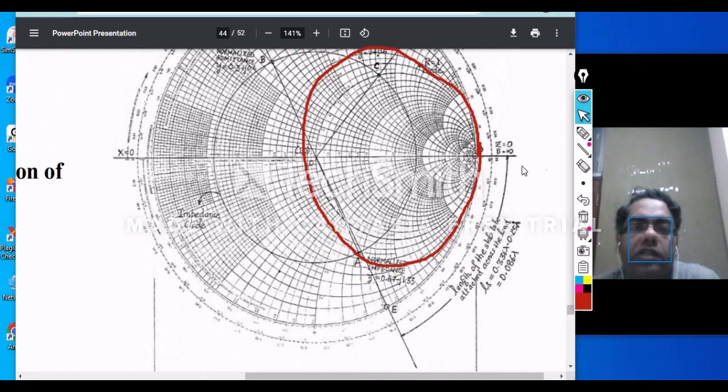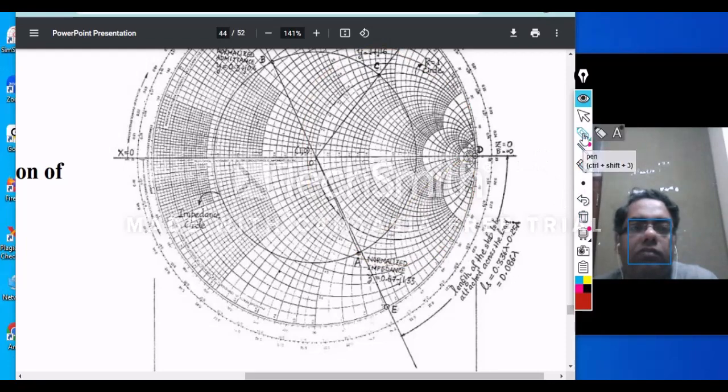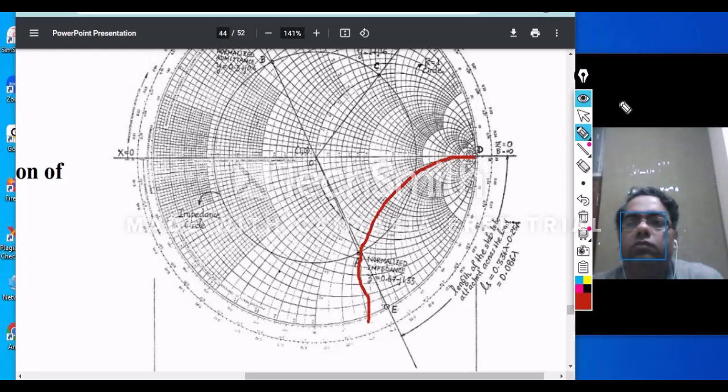So −1.33 means like this we will get this point. This is the point of intersection with the constant R circle. So this is the point A that we will get.